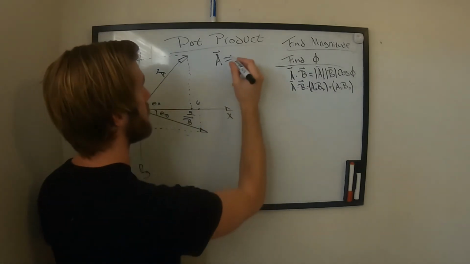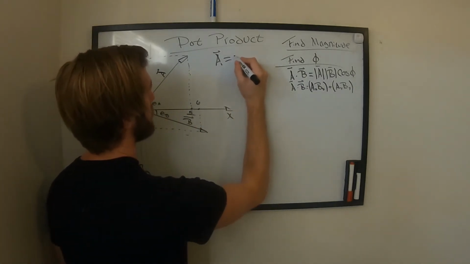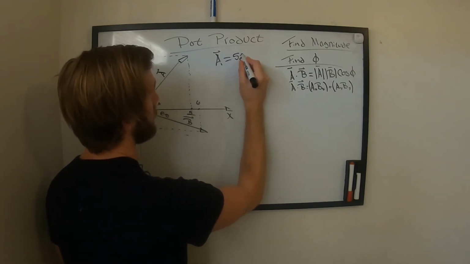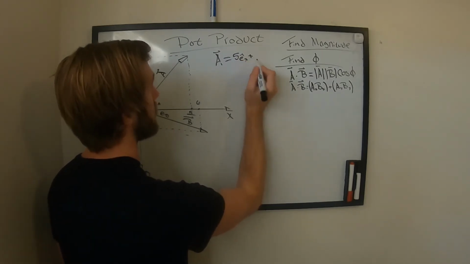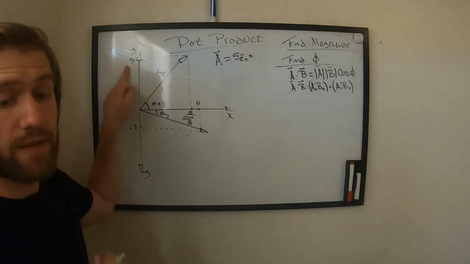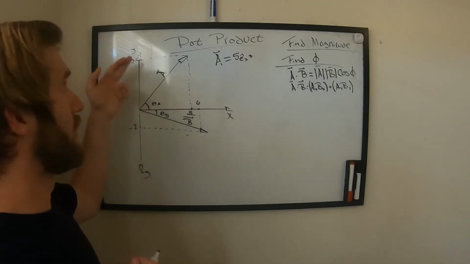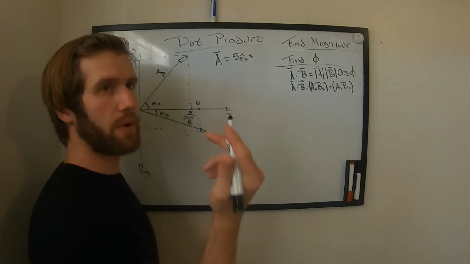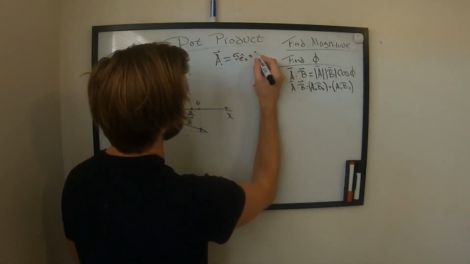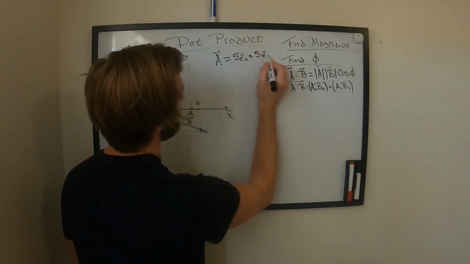So that'll be our x component. So we're going to have 5 e hat sub x plus, now over here, 5 is also our value for our y coordinate, for our y component. So that is 5 e hat sub y.